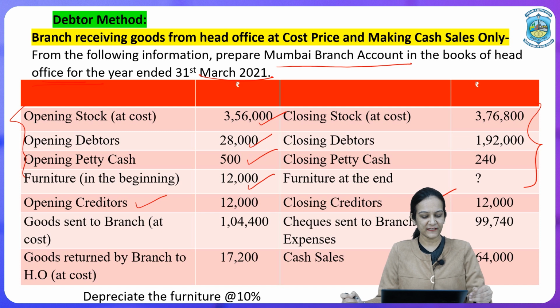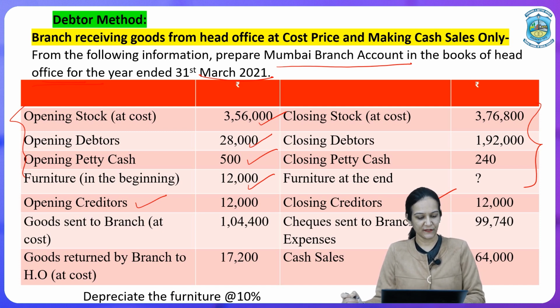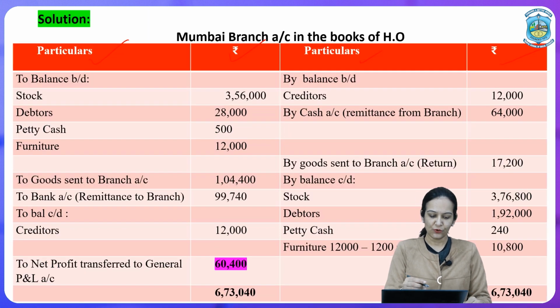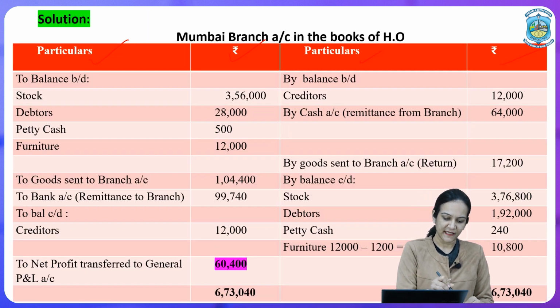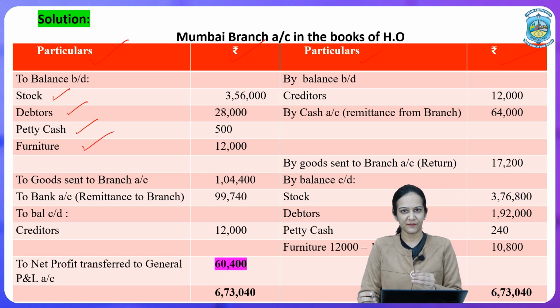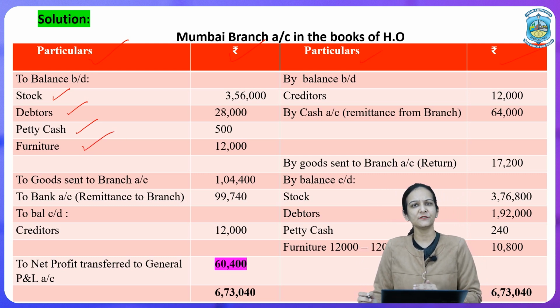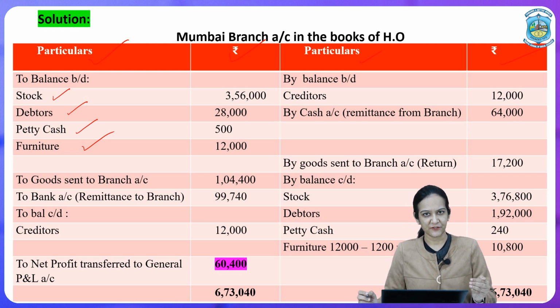All these are your assets as per the information given in the question. So we will write down the opening balances of all the assets, that is stock, debtors, petty cash and furniture, at the debit side. Remember, the assets' opening balance is always a debit balance, so it will come at the debit side of the branch account.